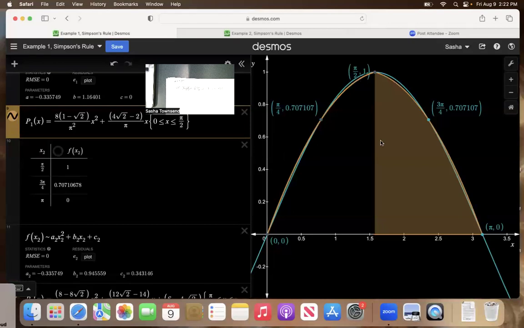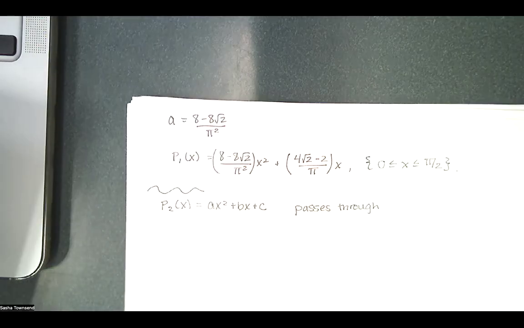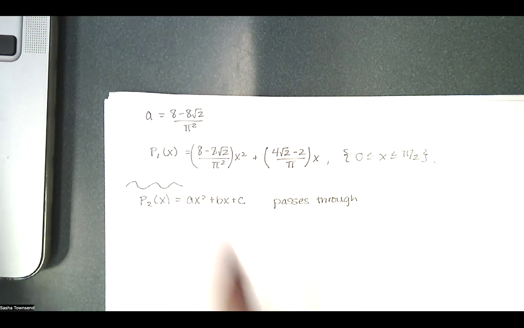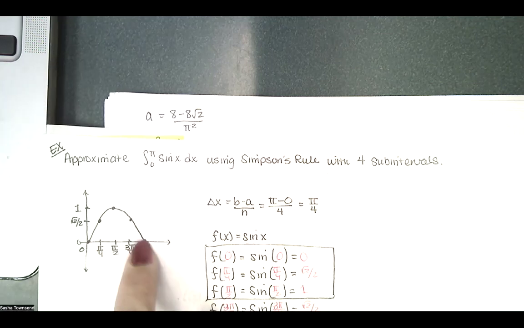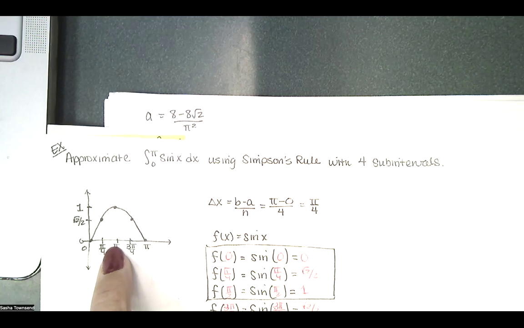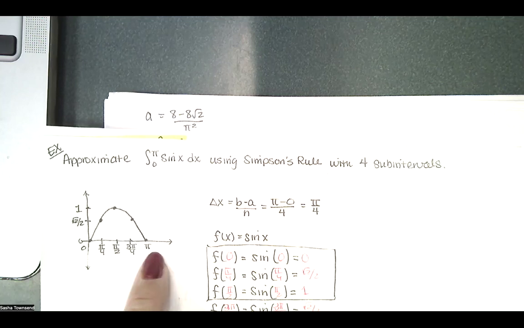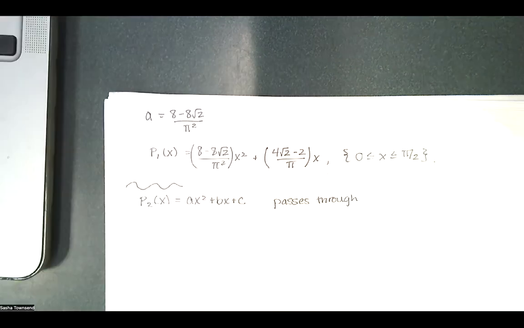Now I'm not going to solve the system of equations for P2, but I'll show you how to set that up as well. So P2 is just another quadratic polynomial, and we want it to pass through these 3 points now. So we want it to have the same function value at pi over 2, 3 pi over 4, and pi as our original function, which happened to be sine of x.